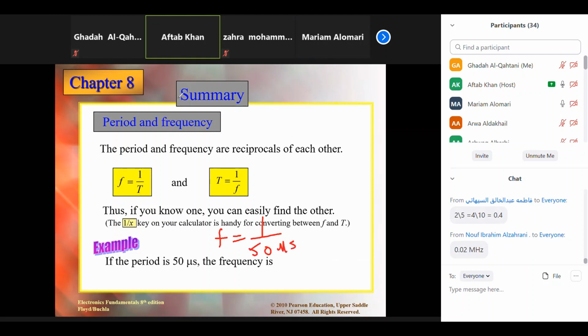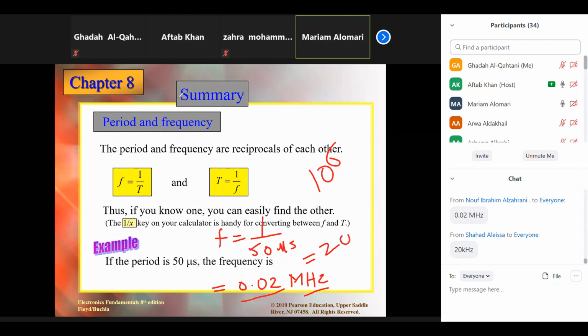It is going to be 0.02 megahertz, or we can convert it into kilohertz. How can we convert any larger unit to smaller? If we multiply this by 1000 and keep the 10's power 3 here, because mega means 10's power 6, correct? So it is going to be 20 kilohertz.